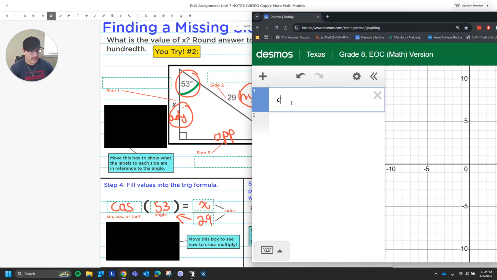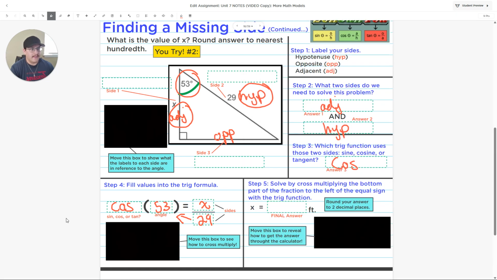So I'm going to type in cosine of 53 times 29. And round it to 2 decimal places, or nearest hundredth, is 17.45. 17.45 feet.